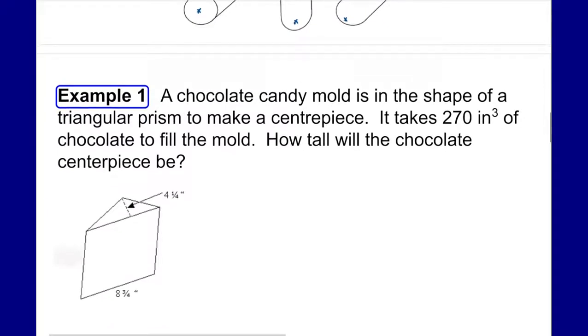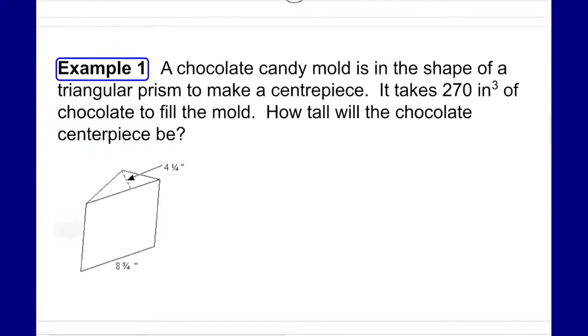So let's take a look at the first example. A chocolate candy mold is in the shape of a triangular prism, which we see here, and that's used to make a centerpiece. It takes 270 cubic inches of chocolate to fill the mold. How tall will the chocolate centerpiece be? So we need to find this missing measurement.